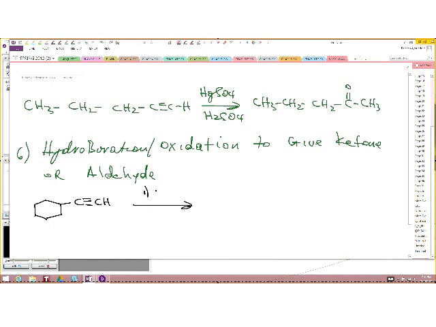Okay, the reagent for hydroboration oxidation, of course, we all know this: BH3, borane, followed by hydrogen peroxide in basic medium. What this does is to give you an aldehyde.